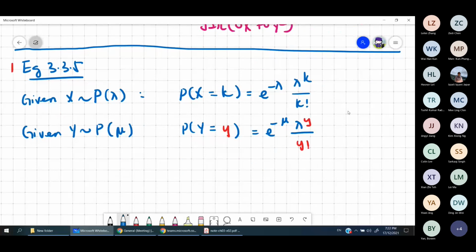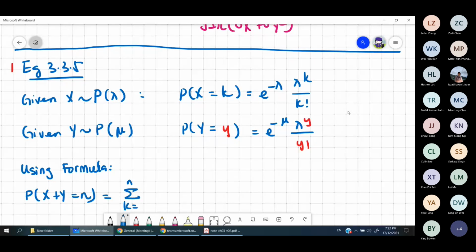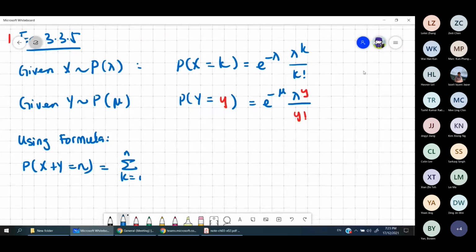By the formula, we know P(X + Y = n) can be written as a summation from k equals 0. It begins with 0. P(X = k) times P(Y = n minus k).